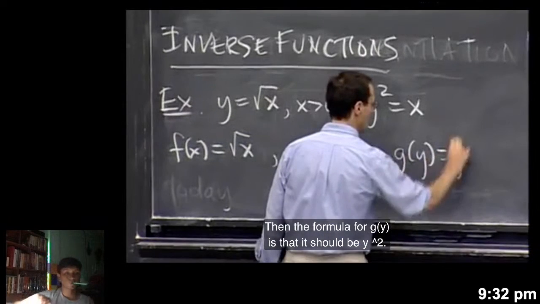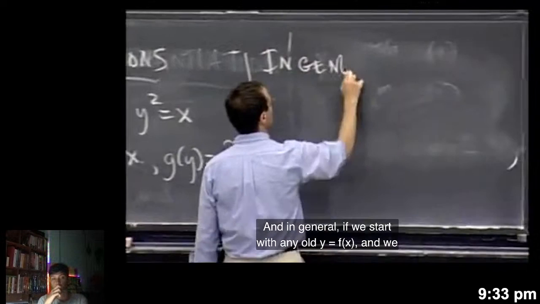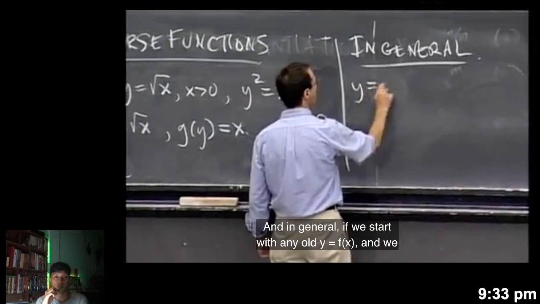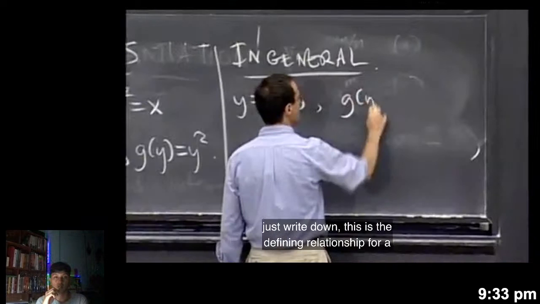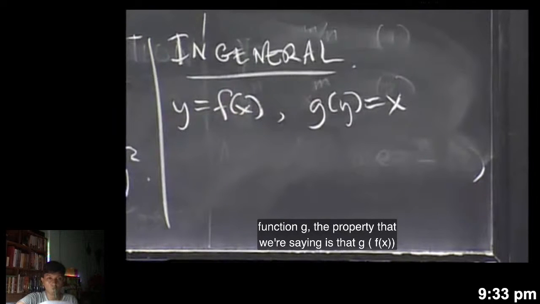And in general, if we start with any old y equals f of x, and we write down this defining relation for function g, the property that we're saying is that g of f of x has got to bring us back to x.